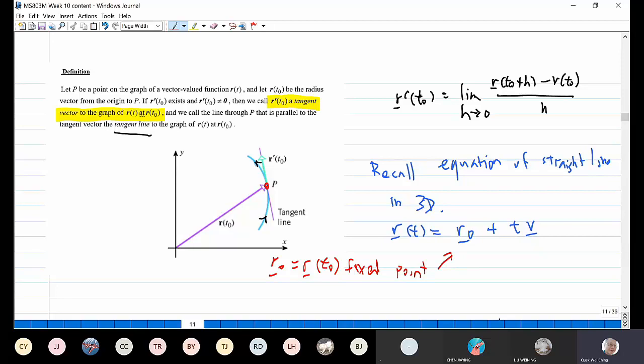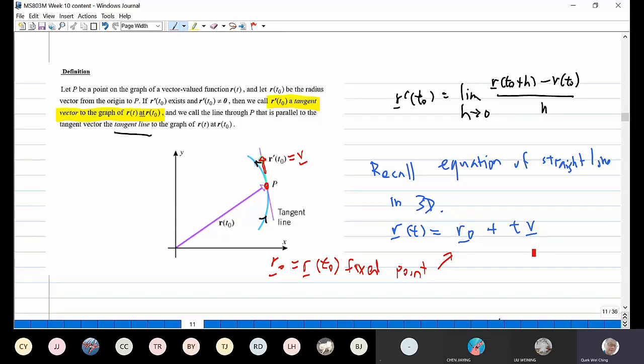And then what is v here? v is the direction of the straight line. In this case, there is a vector v here. Usually you can take this as the velocity, v, the direction of the straight line.